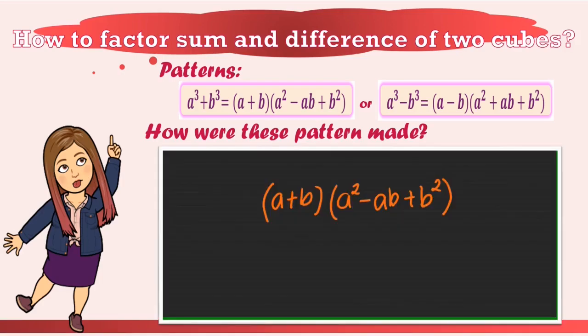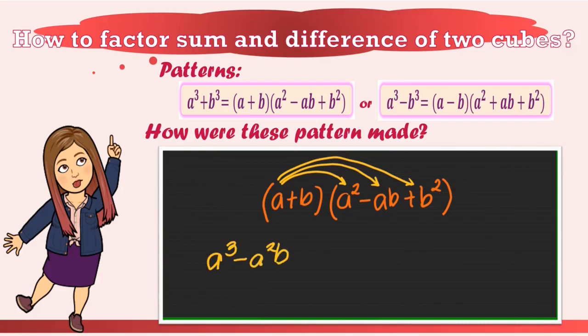Let's try multiplying the two factors and let us see if the resulting product is indeed a sum of two cubes. So, we will multiply first the first term of the first factor, a, to each term of the second factor. So we have a times a squared is a cubed. A times negative ab is negative a squared b.